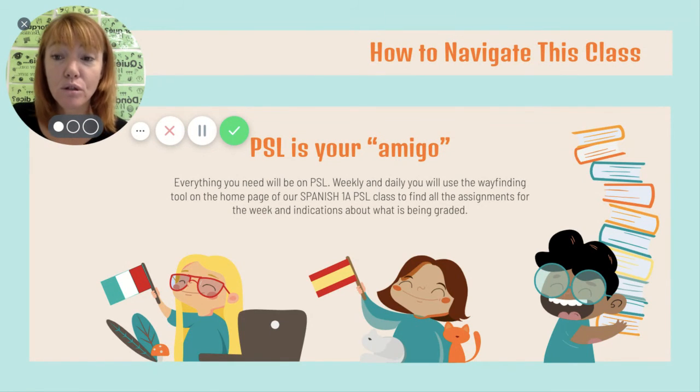Weekly and daily, you will use something called the wayfinding tool, which is a document that will be located on the main landing page of our Spanish 1 PSL page. You'll find all the assignments that you need for the week. It will have links to take you to the assignments, and it will tell you what is being graded so that you can focus your energies in the right place and know how to organize your week.